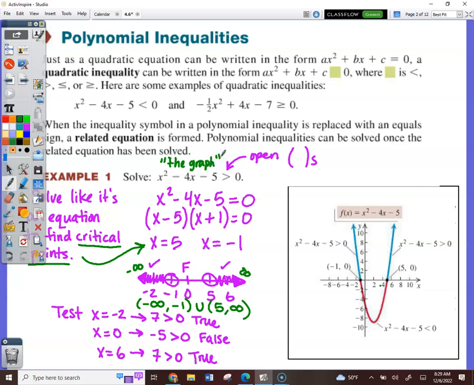Right? Okay, so where is the graph, read it, greater than 0? That translates to where is the graph. Since it says greater than 0, that would mean above the x-axis.